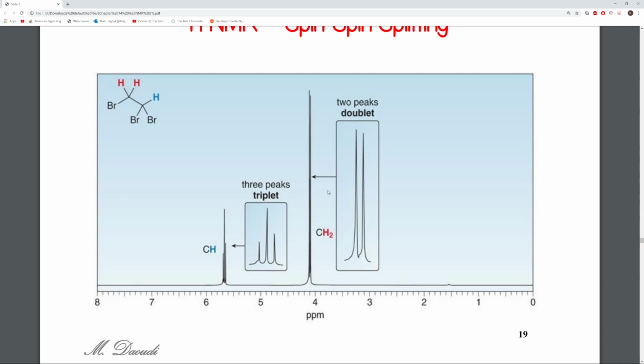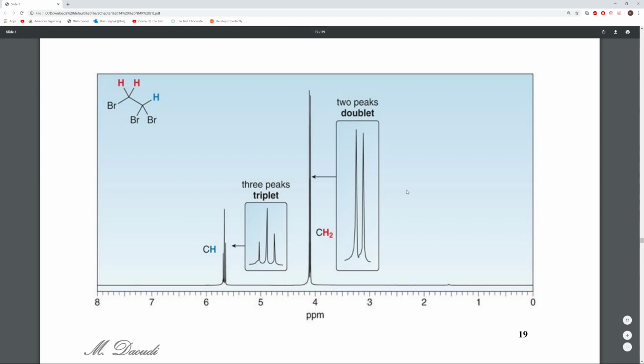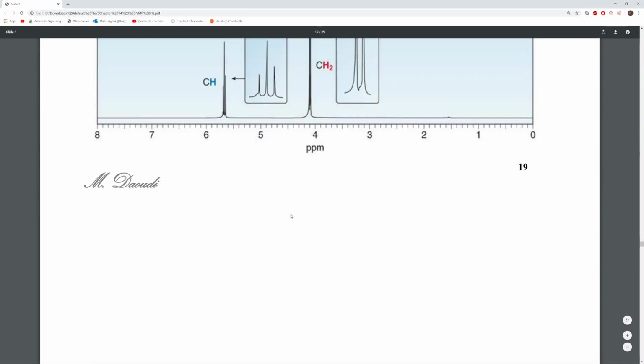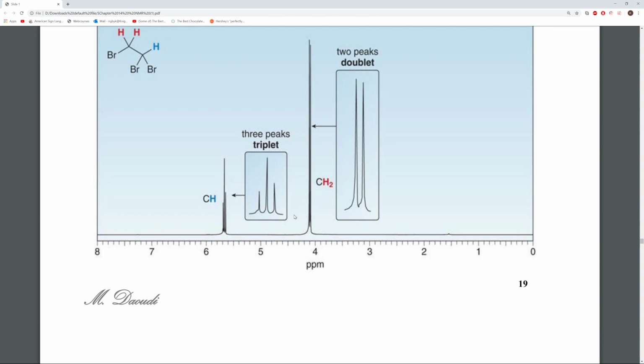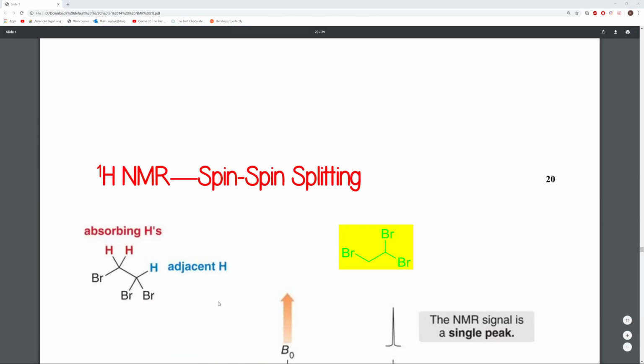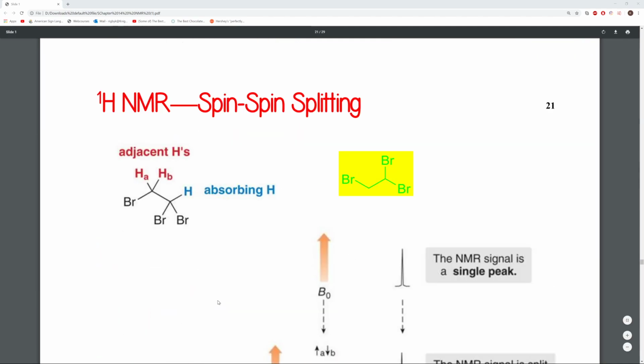Okay? And same with this one, if the CH2 was a CH and there was one adjacent hydrogen, it would still be split into a doublet. Okay, it does not matter how many equivalent hydrogens are on that peak. It's about the adjacent hydrogens. Did that answer your question?